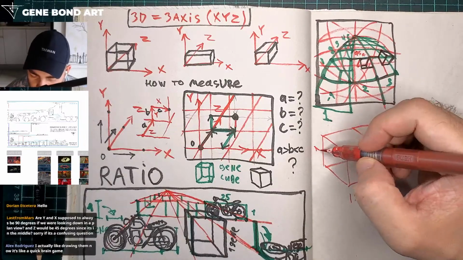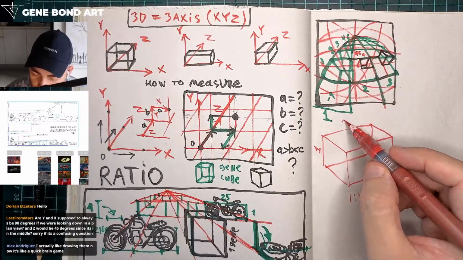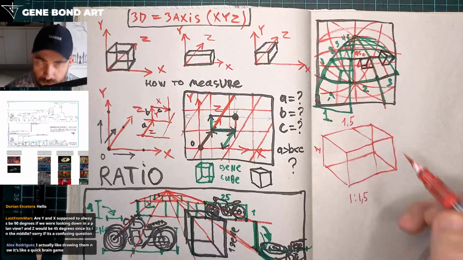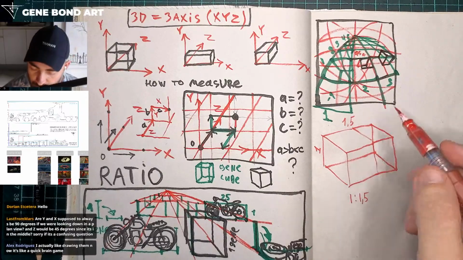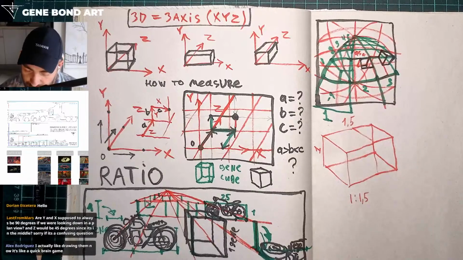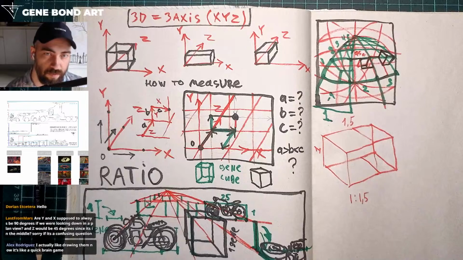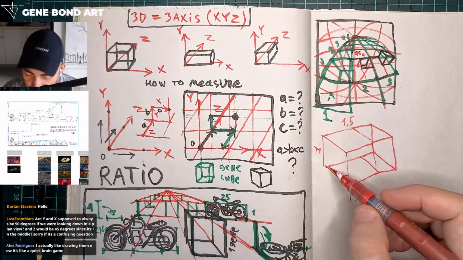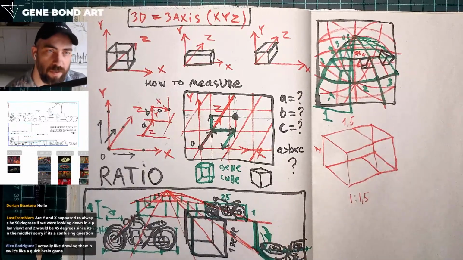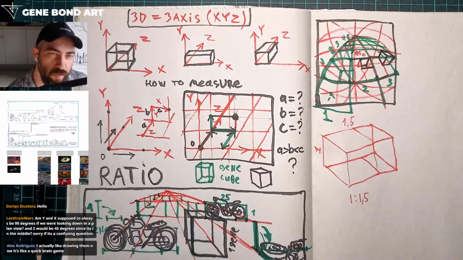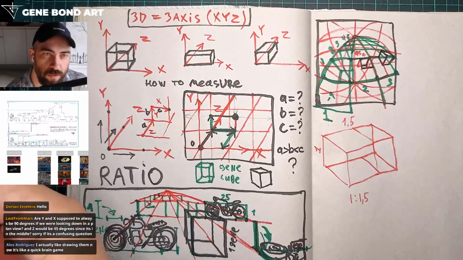So it's 1 high and 1.5 wide. So now I also have this inside this space, right? And this is like a fractal. It's very easy to subdivide a cube.